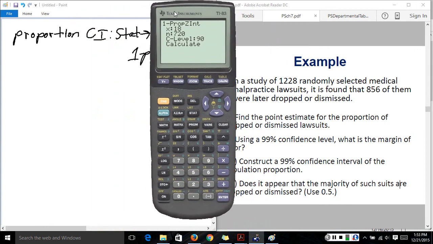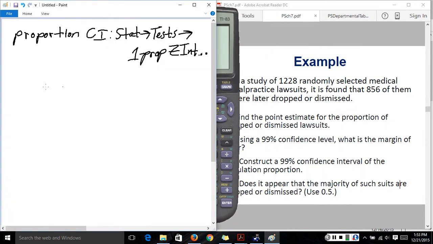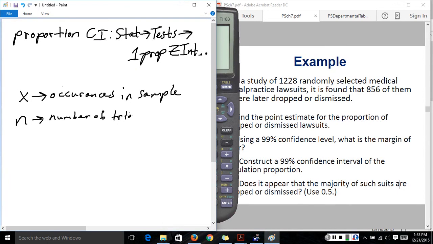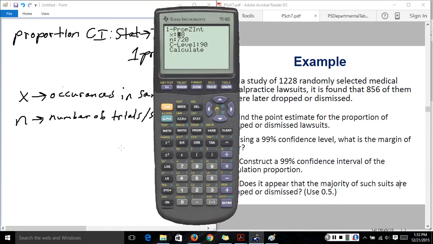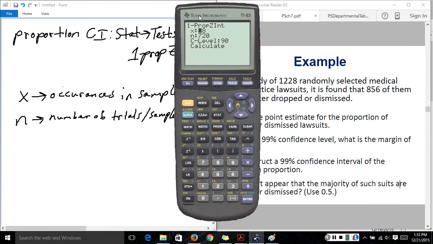X is the number of occurrences in the sample. N, as usual, is the number of trials or the sample size, however you want to think of it. They are the same in this context. And C level is the confidence level.